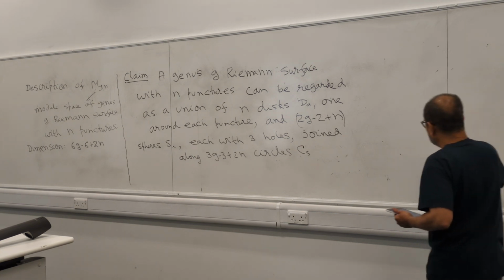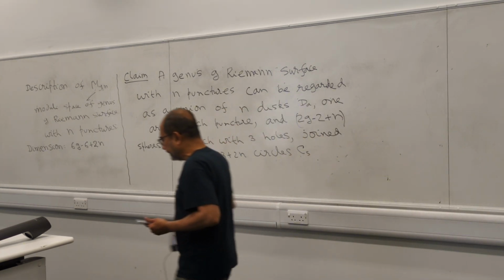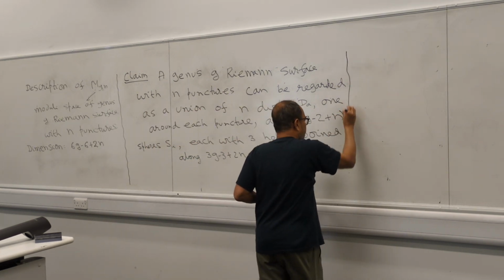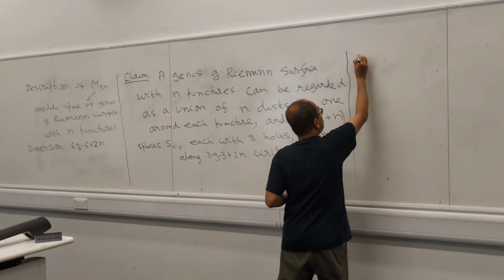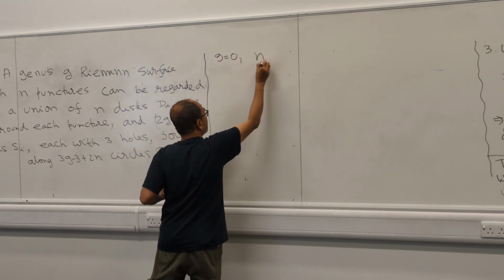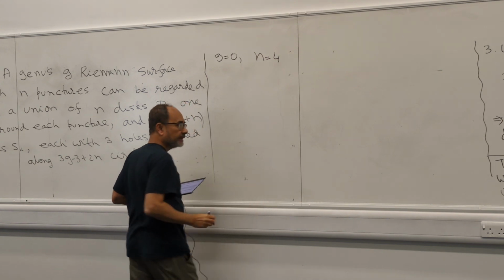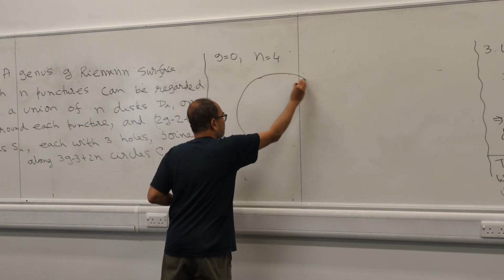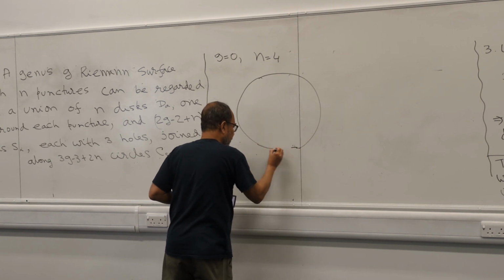Okay, so I will just pick two examples, but you can easily construct other examples. So take G equal to 0, N equal to 4. Okay, a sphere with 4 punctures. Okay, so here is a sphere with 4 punctures.